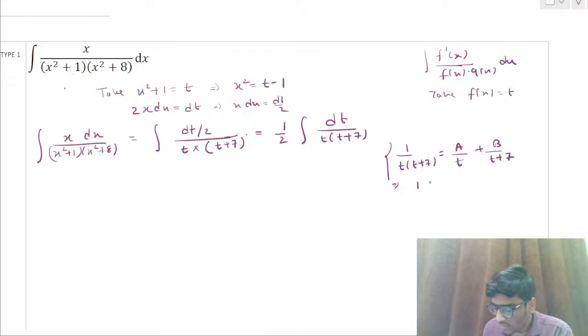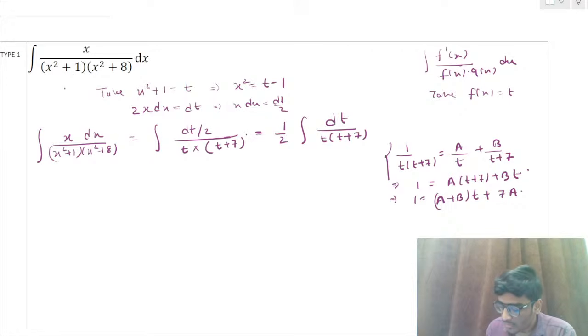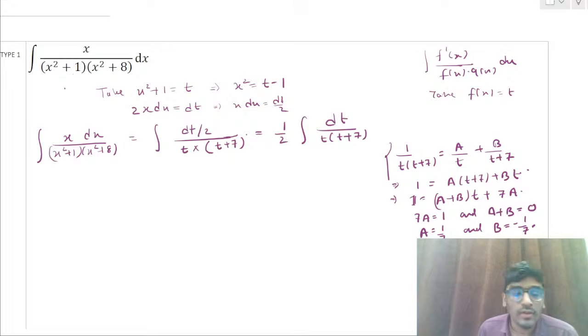Now 1 will be equal to a times (t plus 7) plus bt. Now we compare the constant term and the coefficient of t. Here we can conclude that 7a is equal to 1 and a plus b is equal to 0. Here a is 1 by 7 and b will be minus 1 by 7.